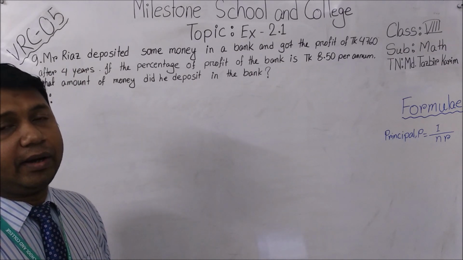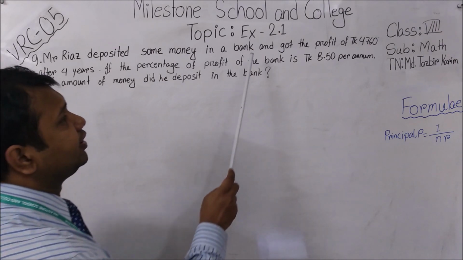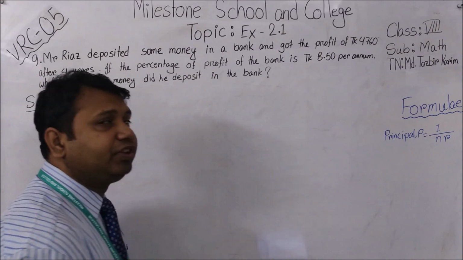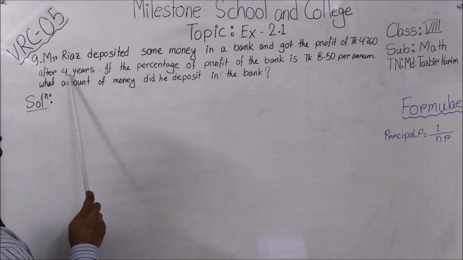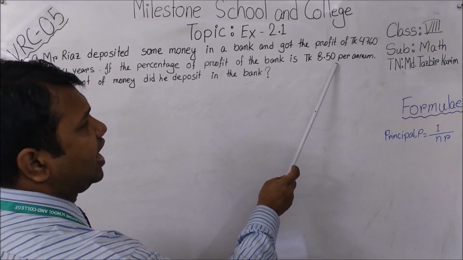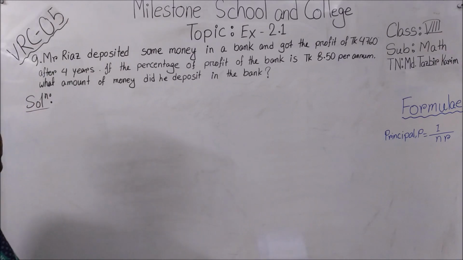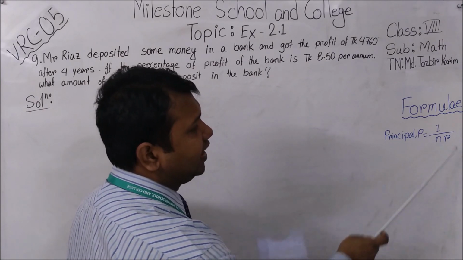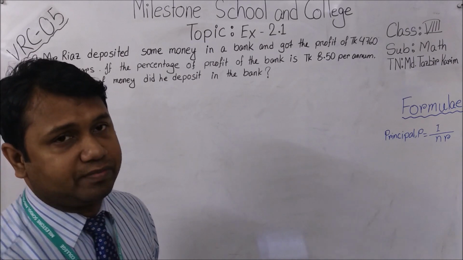Here the profit is taka 4,760, which is our profit I, then time n equal to 4 years, and rate of profit R equal to 8.50%. So we have to use the formula of principal P equal to I by nR, which we are going to use for solving this math.